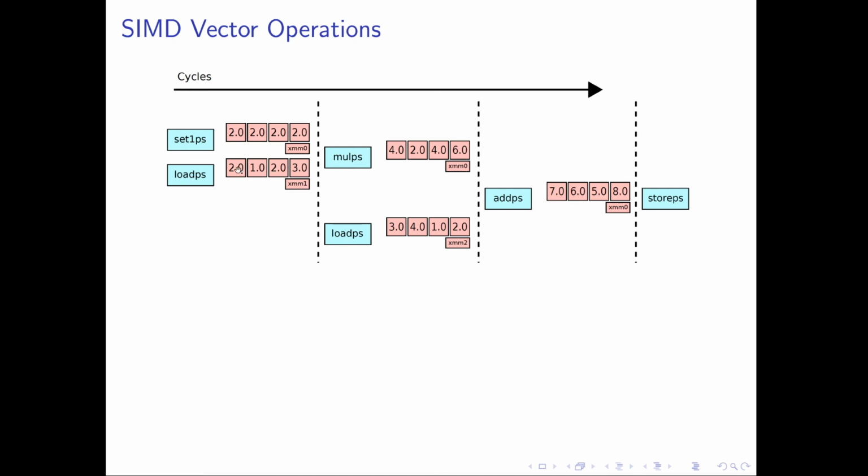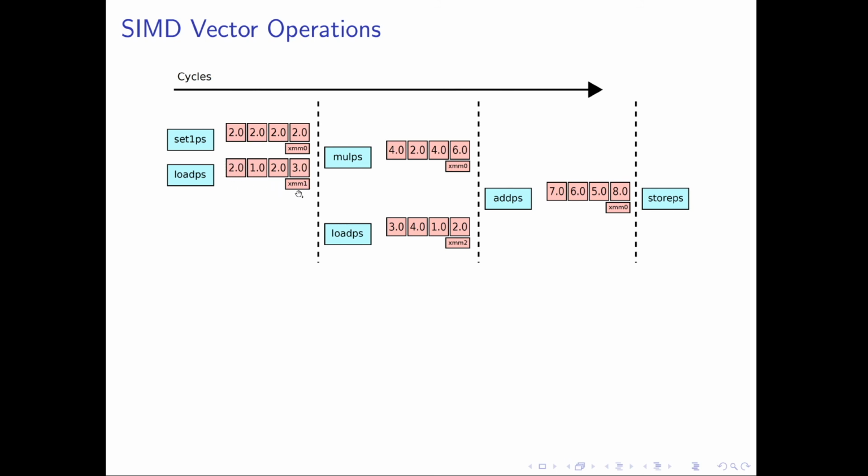So I have my 128-bit register, and each of those entries in the vector has 32 bits. I then use the load instruction to load data items from memory to fill it. So this is basically a constant where the whole register stores the value 2.0 on each SIMD lane, and this is a load instruction from memory.